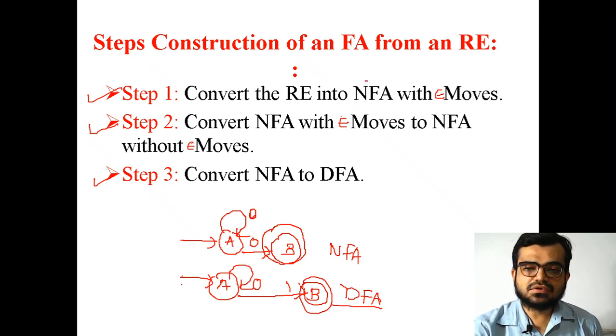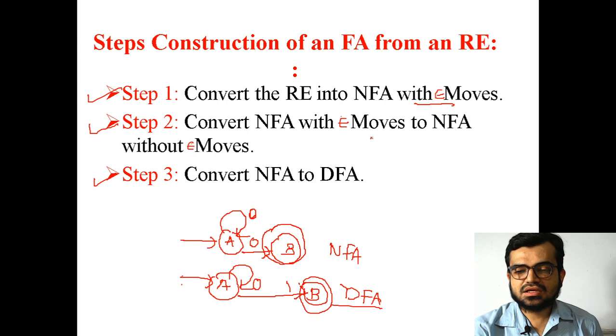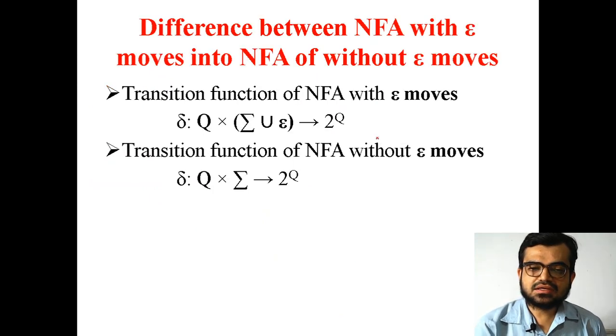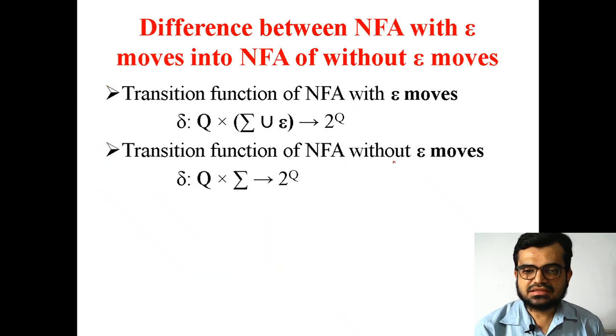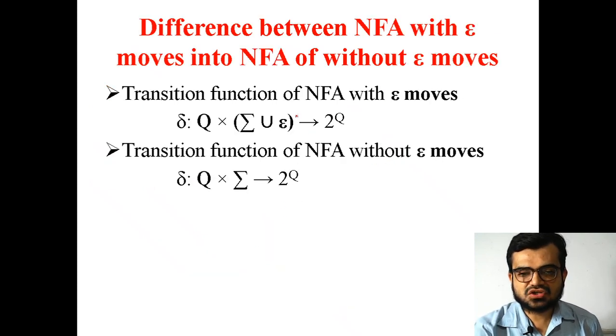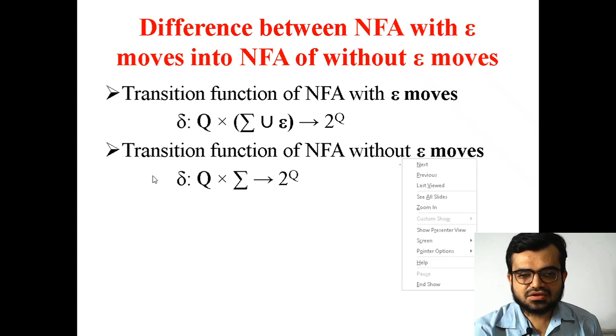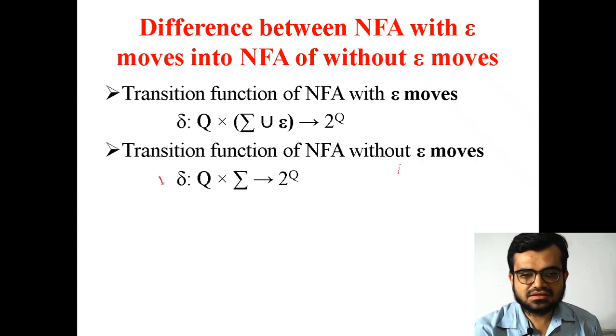Now what we have to learn here is the concept of NFA with epsilon moves. As I already explained in NFA, the transition function will be in this way: delta, Q cross alphabet, gives you a power set, 2 to the power of Q states, right?